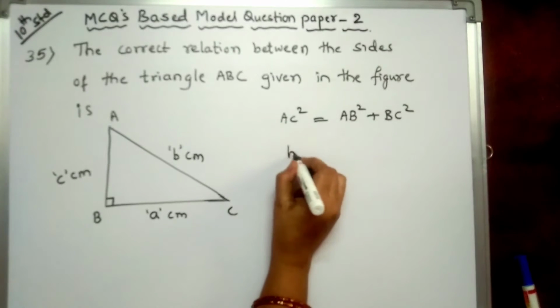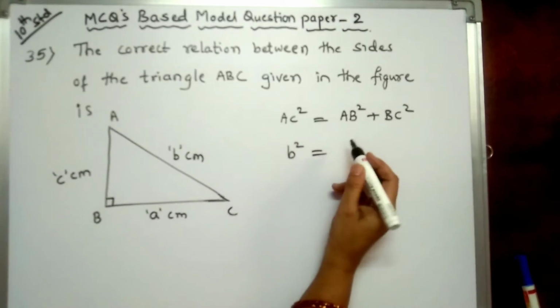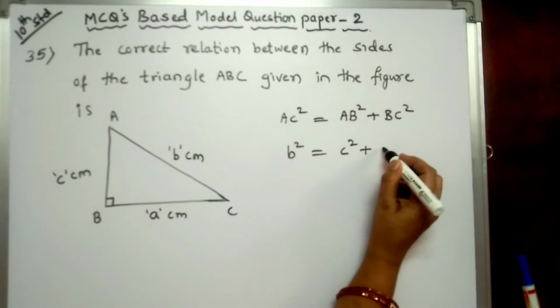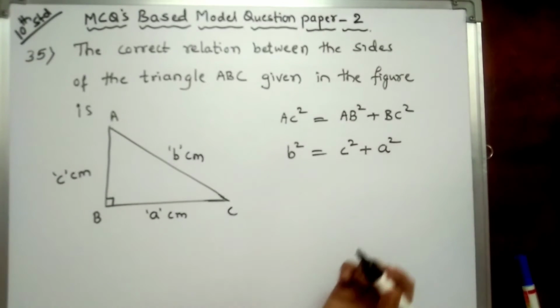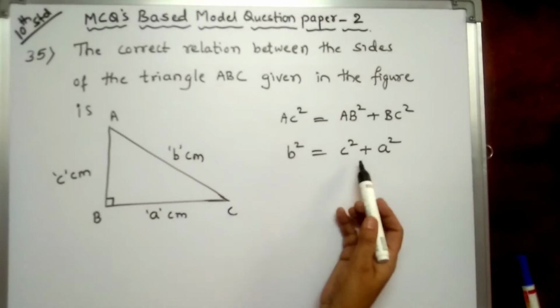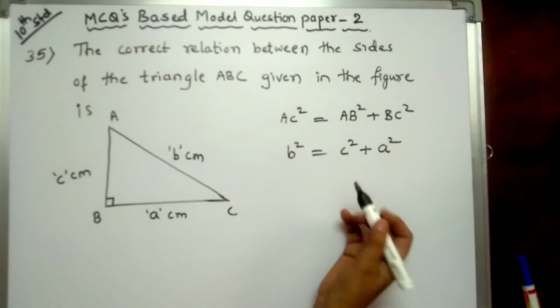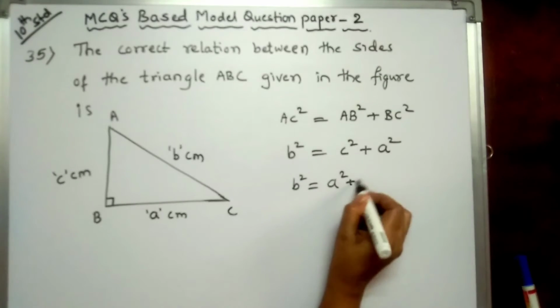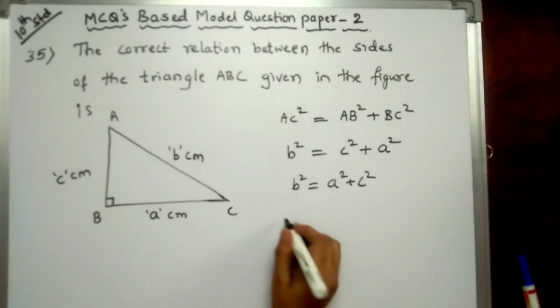So AC is b, so b square is equal to AB, which is c square, plus BC, which is a square. The correct relation is b square equals c square plus a square. You can also write it as a square plus c square. So option D.